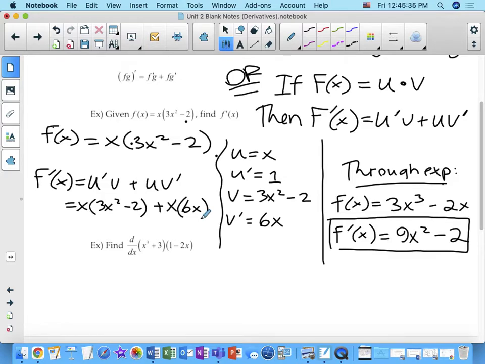And we're going to expand this all out. So we got x times 3x squared is 3x cubed minus 2x. X times 2 is 2x. Plus x times 6x is 6x.